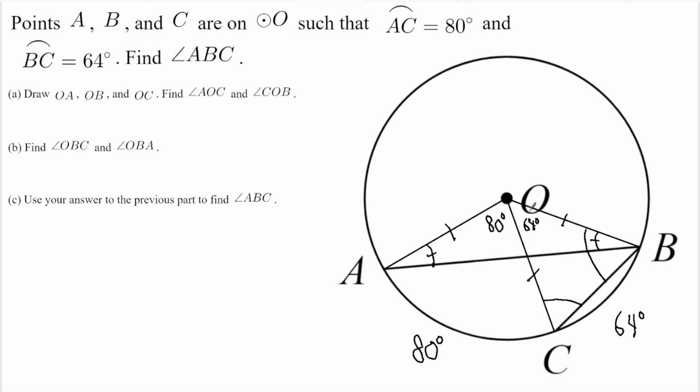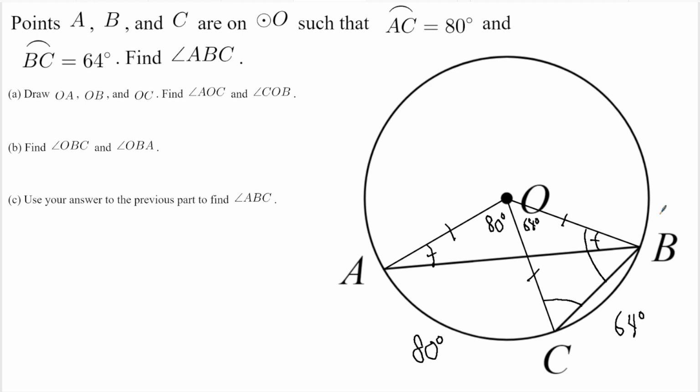We're done. For part B, we have to find angle OBC. So that's this larger angle right over there. Like I stated earlier, since triangle OBC is isosceles, the angle OBC is congruent to the angle OCB.